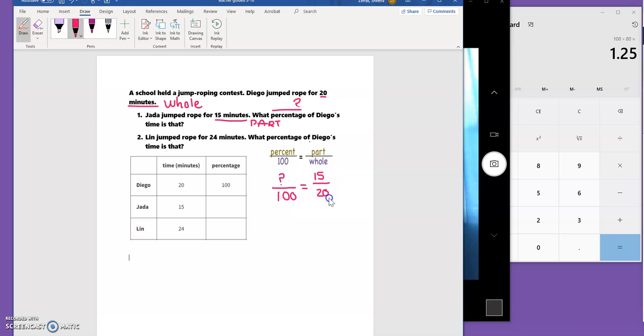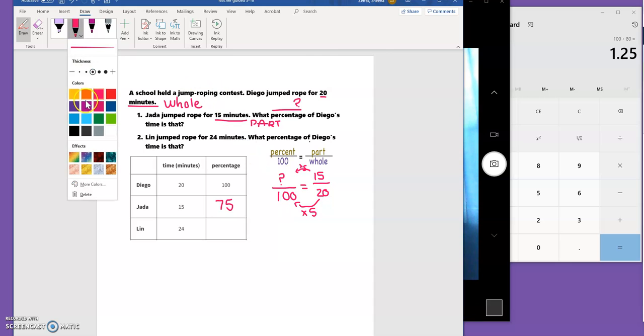Looking at our fraction that we do know, 15 out of 20, going to a number out of 100, I know that I am multiplying. Based on my knowledge of multiplication facts, I know 20 times 5 would give me 100, and so I'll repeat that up top as 15 times 5. So Jada's percent of Diego's is 75.